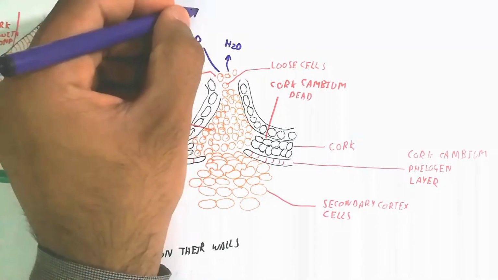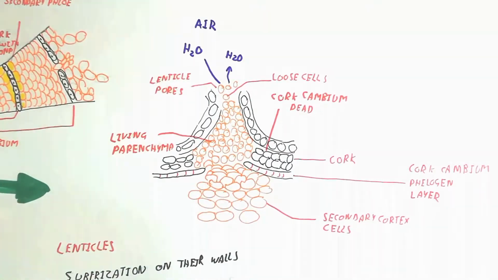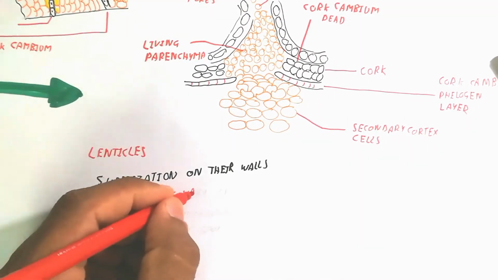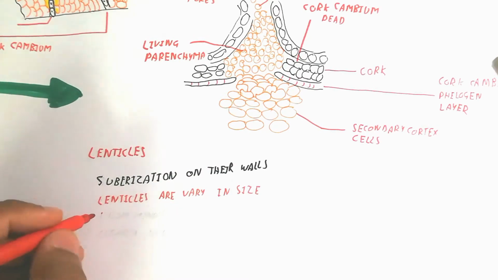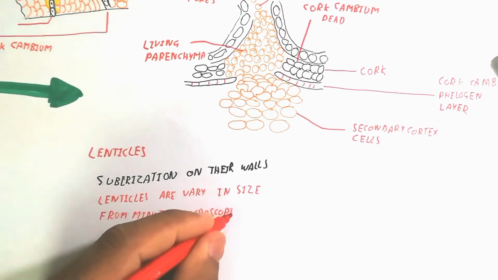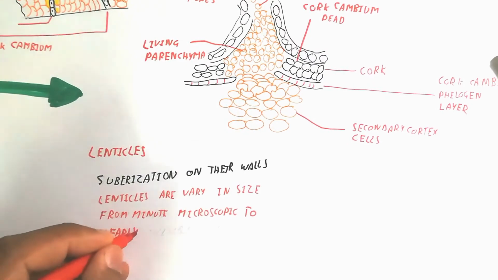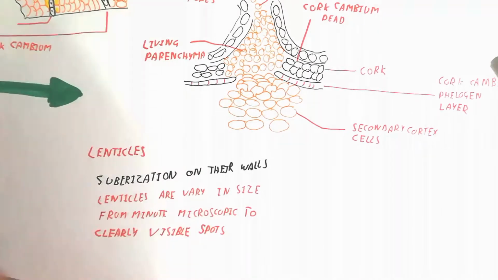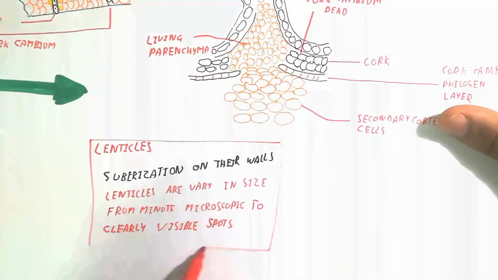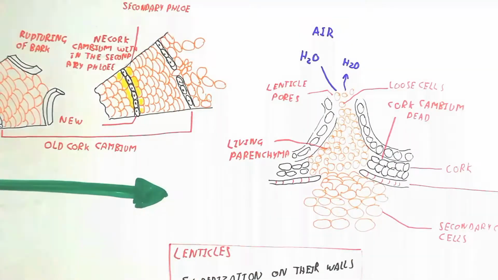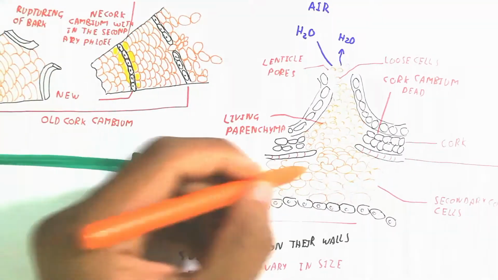Water absorption from the environment, from the air, is an important role. Suberization means suberin, a waxy component that is added into the lenticels, the cells which arise into the stem. The visibility or non-visibility depends on the size.